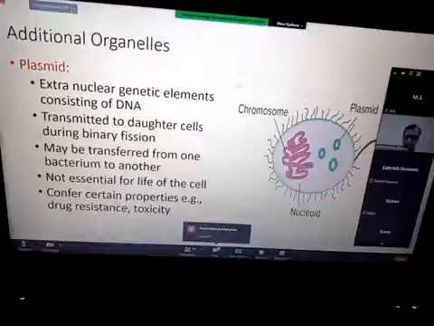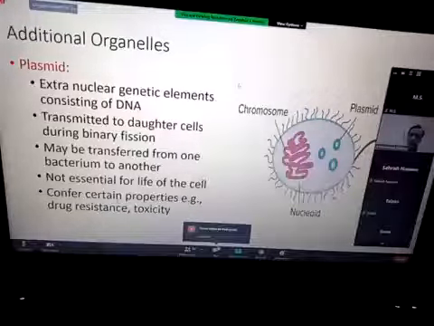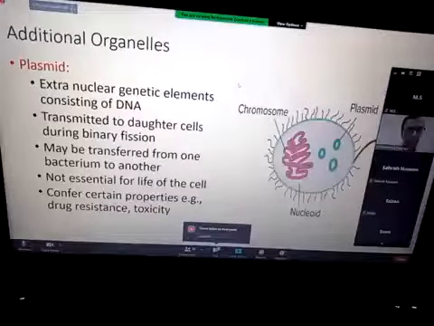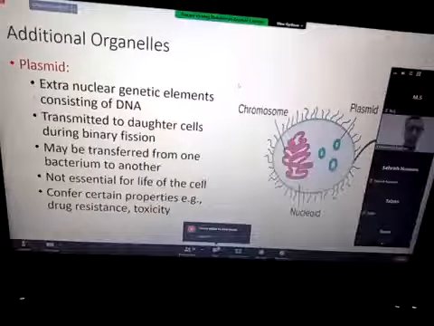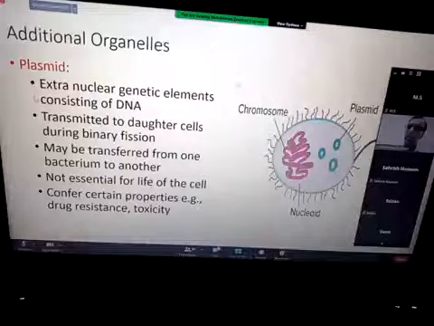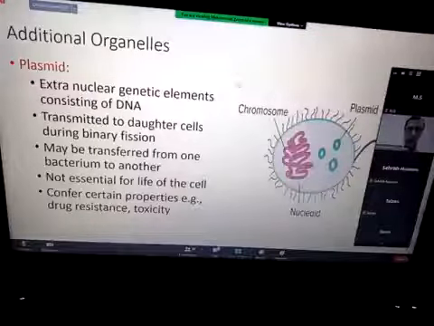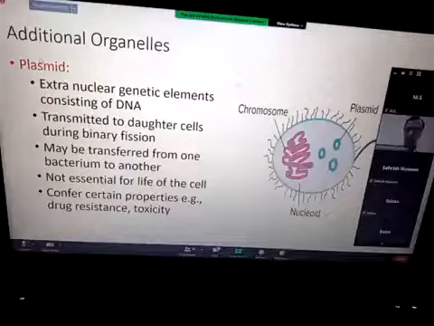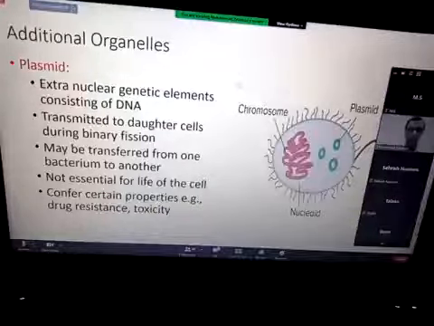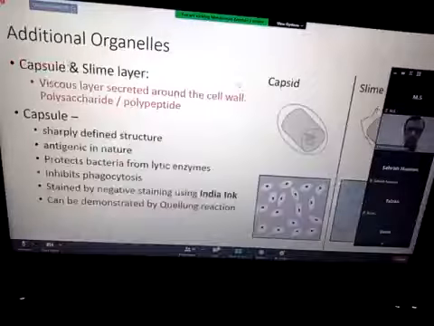It carries the drug resistance and toxicity genes also. So remember this plasmid. Nowadays scientists are working on plasmids, and these are used for transfer of antimicrobial resistance. So you have to remember this plasmid is a very important essential component.